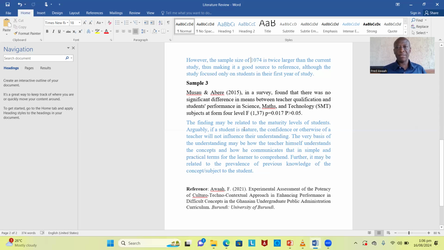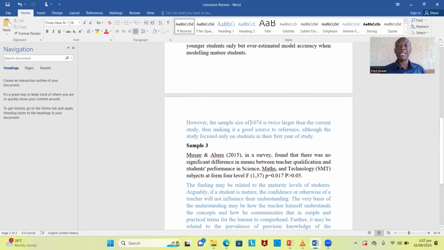Arguably, if a student is mature, the confidence or otherwise of a teacher will not influence their understanding. The very basis of the understanding may be how the teacher himself understands the concept and how he communicates that in simple and practical terms for the learner to comprehend. Further, it may be related to the prevalence of previous knowledge of the concept or subject to the student.